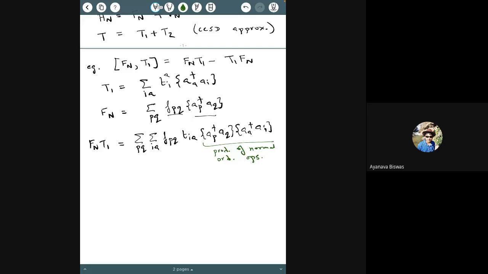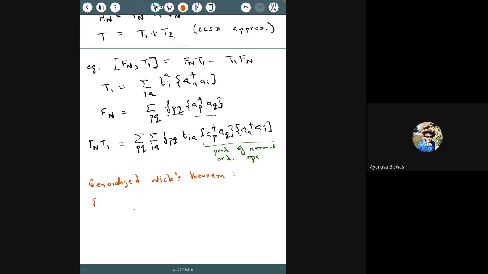Instead of that, there is an algebraic simplification. There is something called the Generalized Wick's Theorem, which tells you what to do with products of normal ordered operators. So what is this Generalized Wick's Theorem?